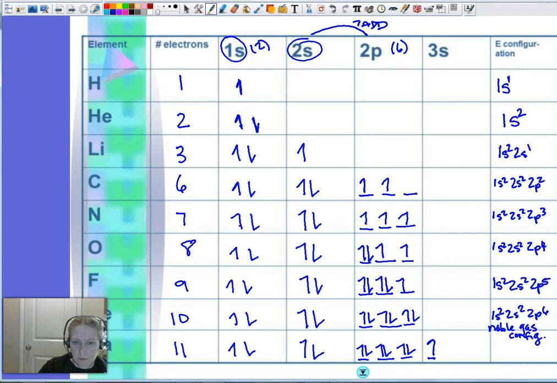So there's our extra one. And that gives us 1s2, 2s2, 2p6, 3s1. Hopefully, after all of that, you're kind of getting the idea.